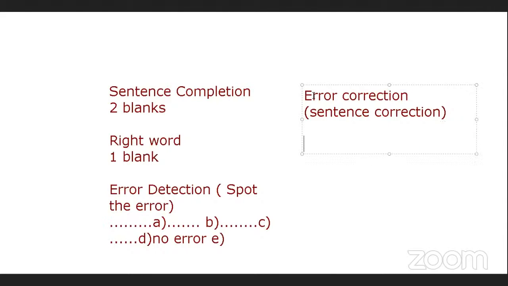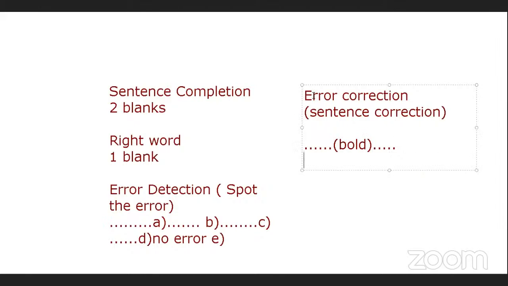This will have a similar pattern. The only thing is, a sentence will be given, and again four parts will be given. What they will do over here is highlight a part. So there'll be something in bold or italics in between.